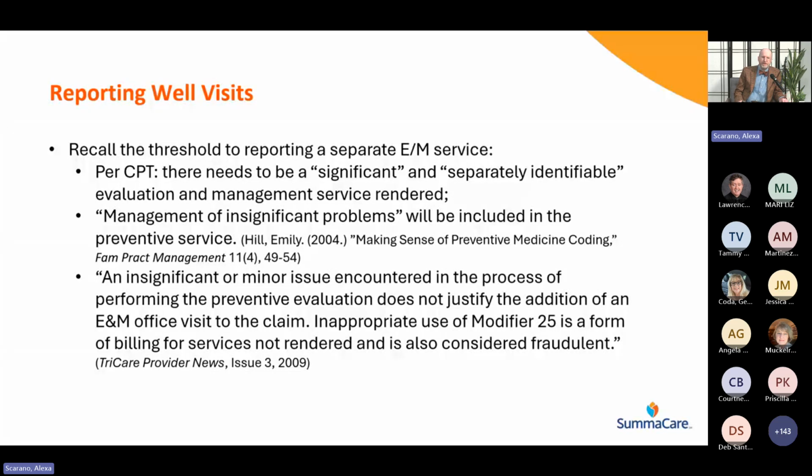Their threshold is significant and separately identifiable. Similarly, the family practice folks told you that again a couple decades ago, second bulleted item there. And at the bottom, carriers have been telling you the same. Here you see a citation from the TRICARE folks in about 2009.